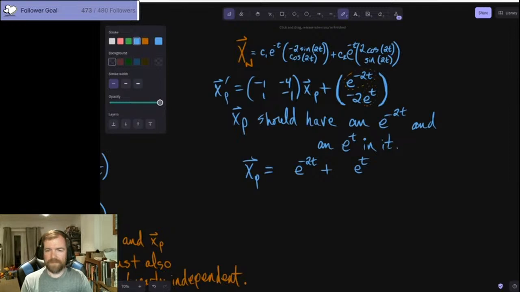It's just we're going to have an e to the minus 2t and an e to the t in it. That's all. And probably, I would imagine, your first component, the vector c1, is going to have a one in the first component versus the second component, if we're going to solve for c1, c2, however you like to think of this.